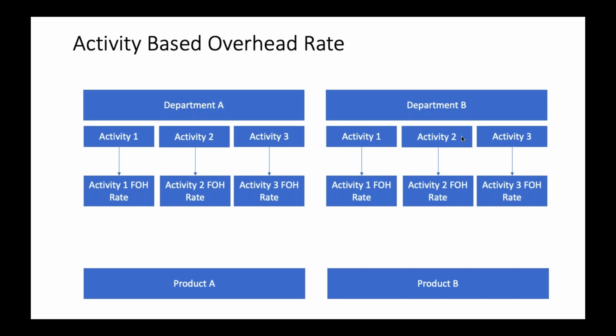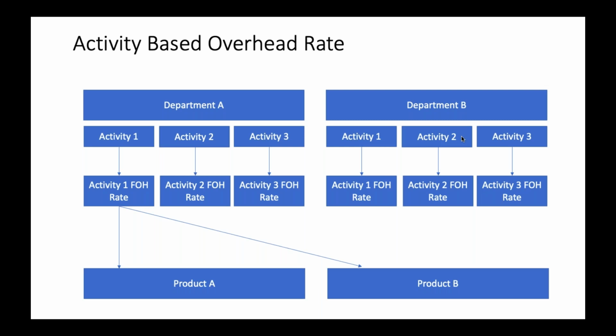Now, if that activity contributes to the production of products A and B, that activity will be used to charge factory overhead to that particular product. So, for example, activity 1 under department A will be applied to products A and B. Then we will use activity 1 of department A factory overhead rate.